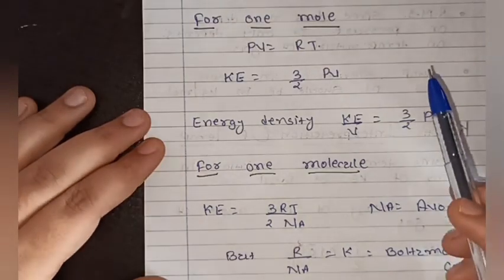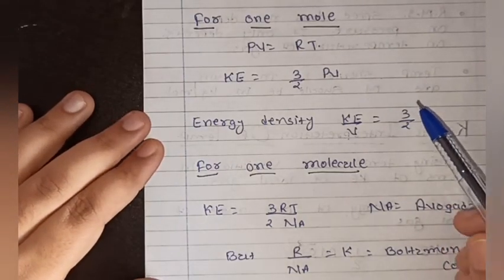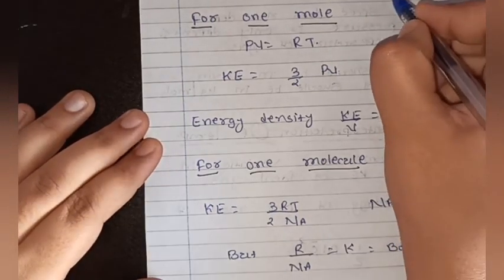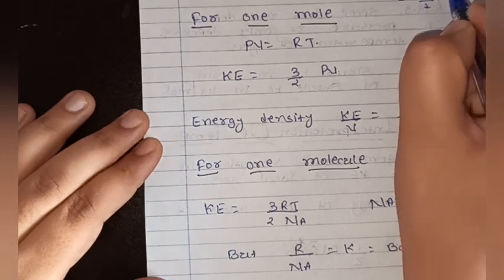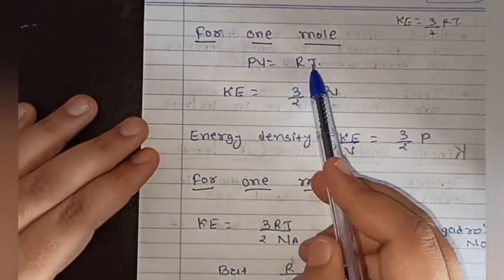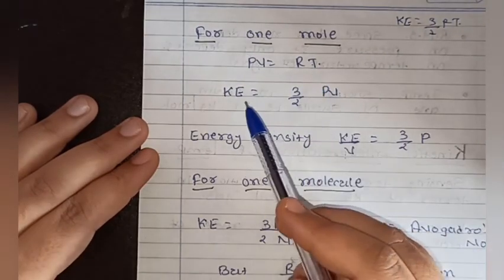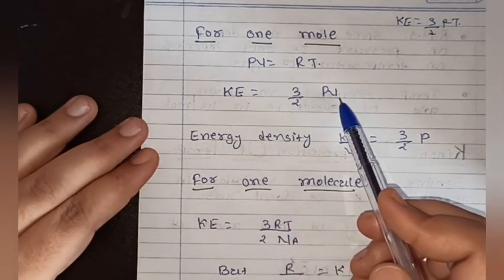Now we have written the equation of kinetic energy for 1 mole, that is kinetic energy is equal to 3 by 2 RT. For 1 mole we can write PV is equal to RT. So kinetic energy can be 3 by 2 PV.